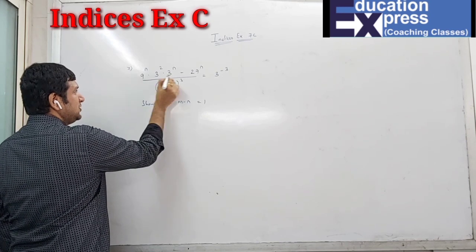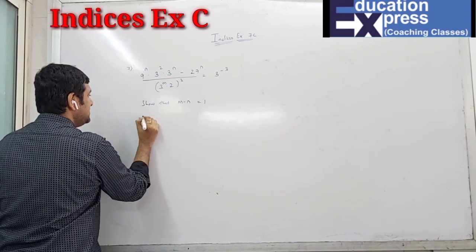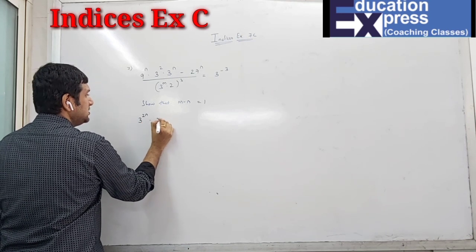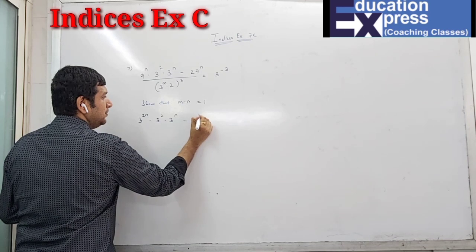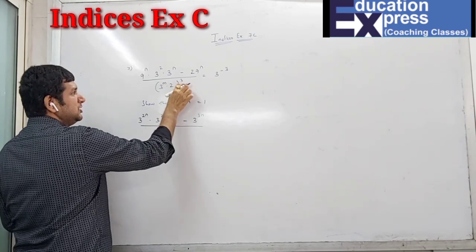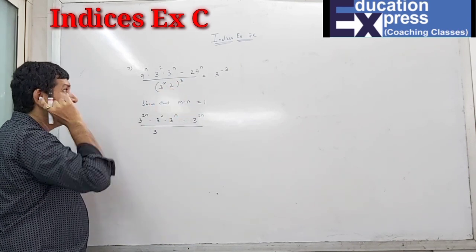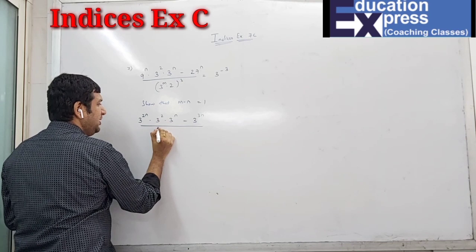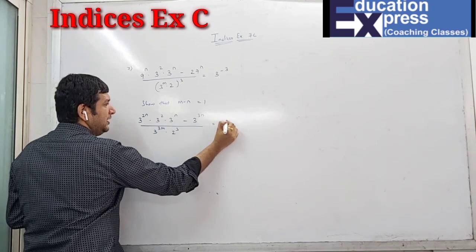Now here first of all I'll get everything as a common base. 9 is 3 square, this is 3 square, and this is 3 raised to n minus 3 cube raised to n upon 3. Now this 3 obviously I have to give to this also and this also, because whatever is in the bracket will get the same power. So this will be 3m and this will be 2 cube is equal to 3 raised to minus 3.